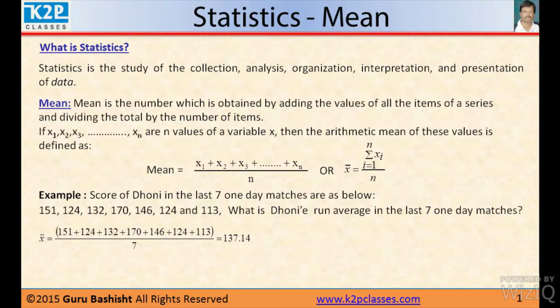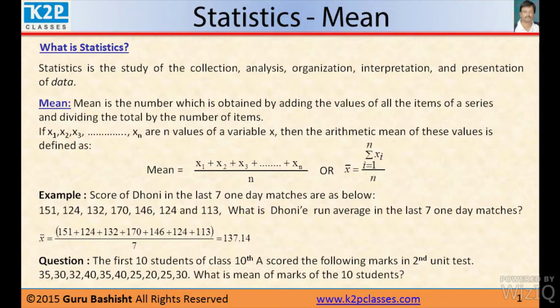And mathematically we will select the batsman whose average is more. It may not be true in a practical situation because there are many things, like how consistent the batsman is and what is the ability to play in pressure situations. But by simple measure, we will take the player whose average is more.